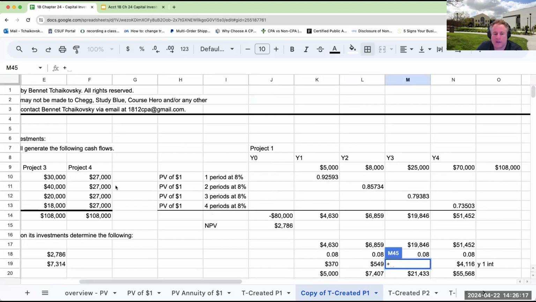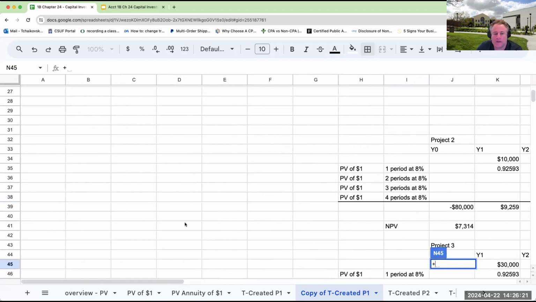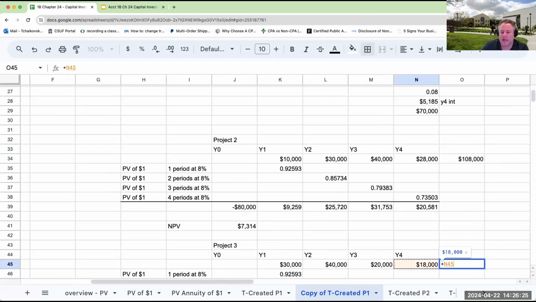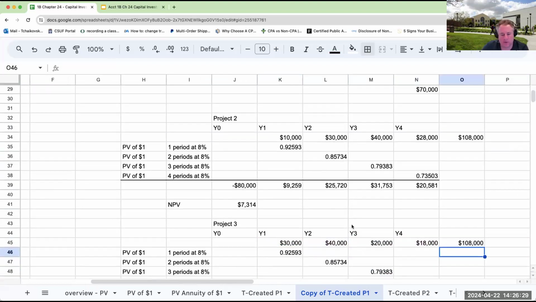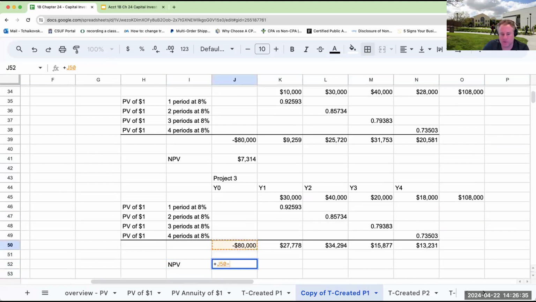For year 3, 20,000, and year 4 had a value here of 18,000. I add these up to make sure they equal my cash flows of 108. I'm good to go on that front. And so for the net present value, I'm adding up the year 0, which will always be negative. So the net present value is 11,179. Okay.